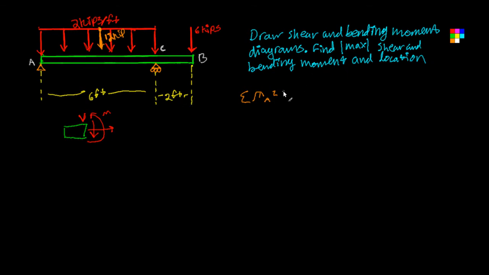So we've got negative 12 times 6 minus 6 times 8 plus the reaction at C times 6 equals 0. Okay, so the reaction at C equals 14 kips.